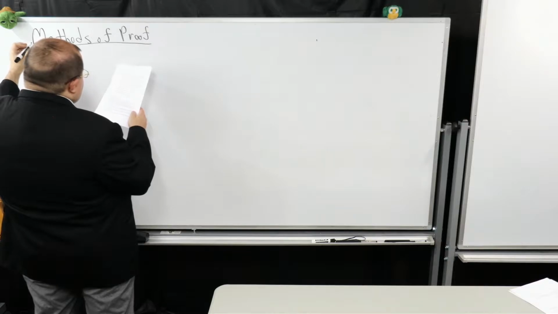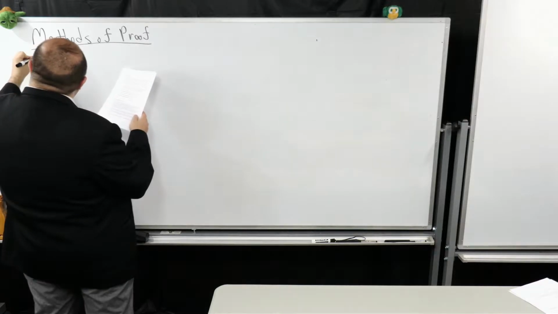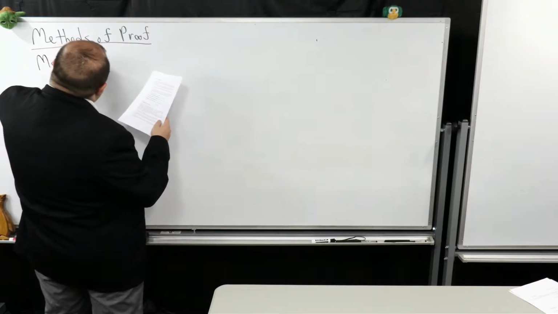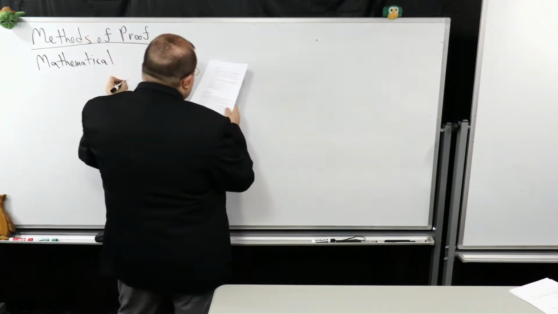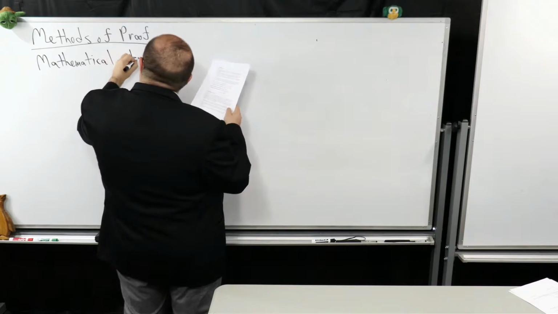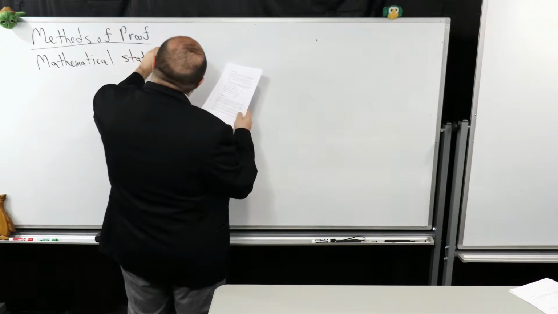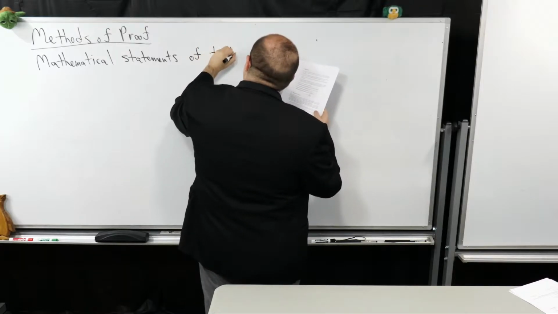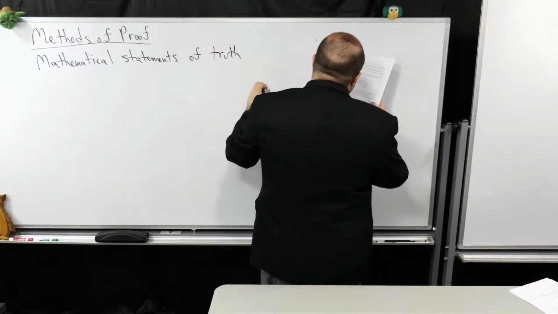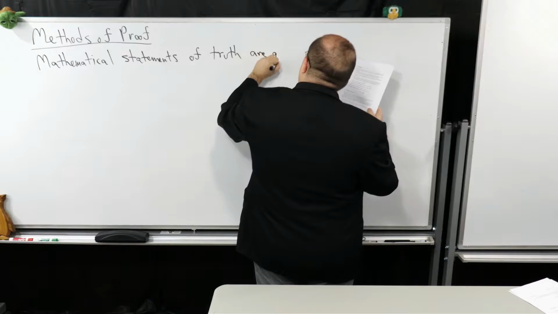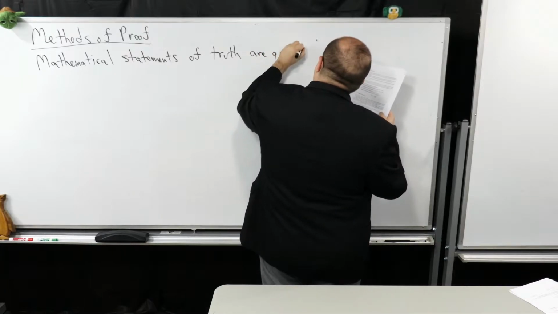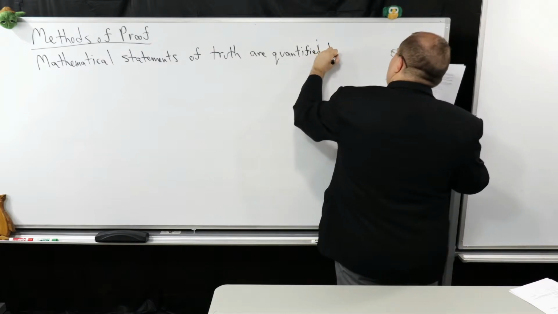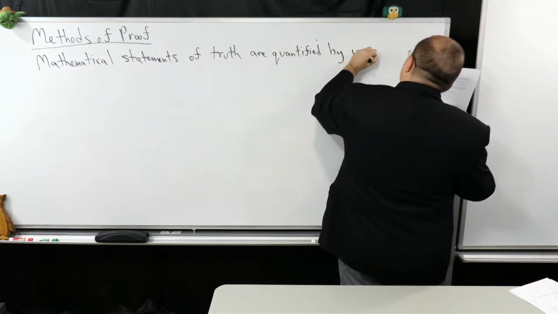So, there are two main kinds of mathematical statements that I want you to be aware of. Mathematical statements of truth are quantified by universal.